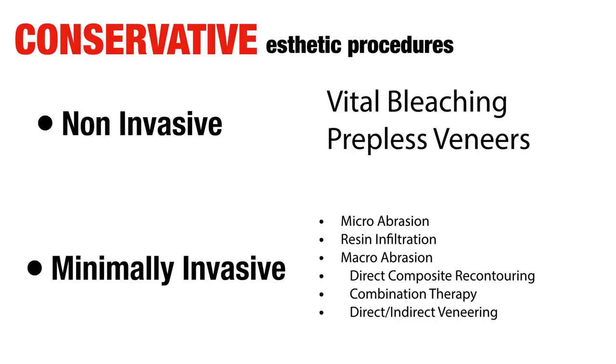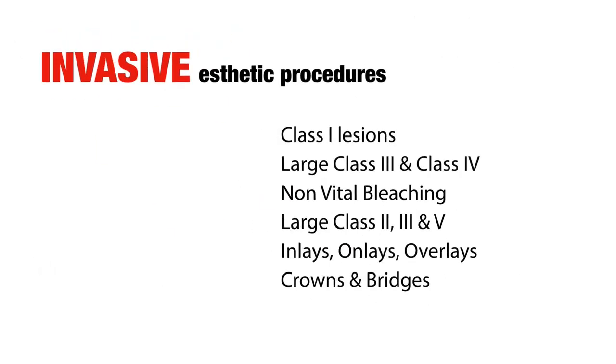And then followed by minimally invasive, in which we are reducing the tooth structure in microns, let's say between 300 to 400 microns. So these kinds of procedures we call minimally invasive conservative aesthetic procedures. Including the invasive aesthetic procedures, we are going to address all these clinical conditions individually.